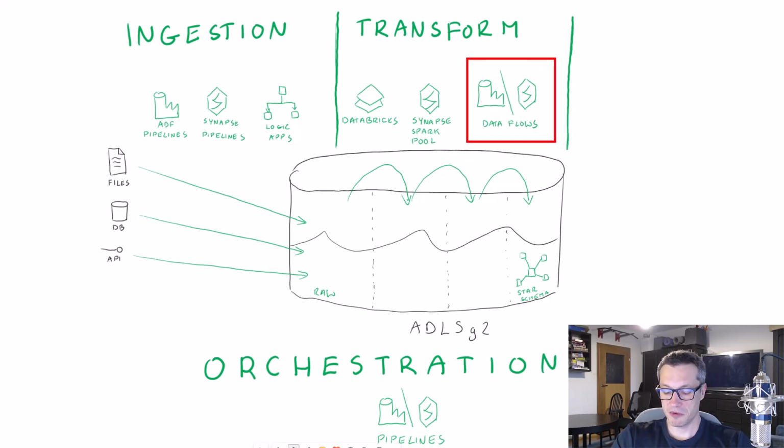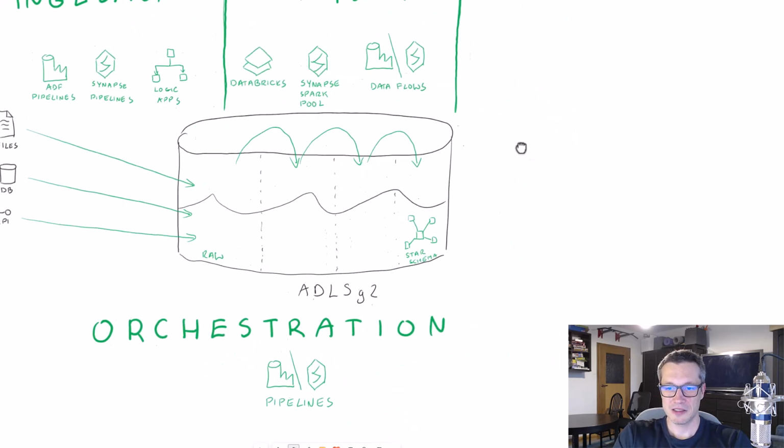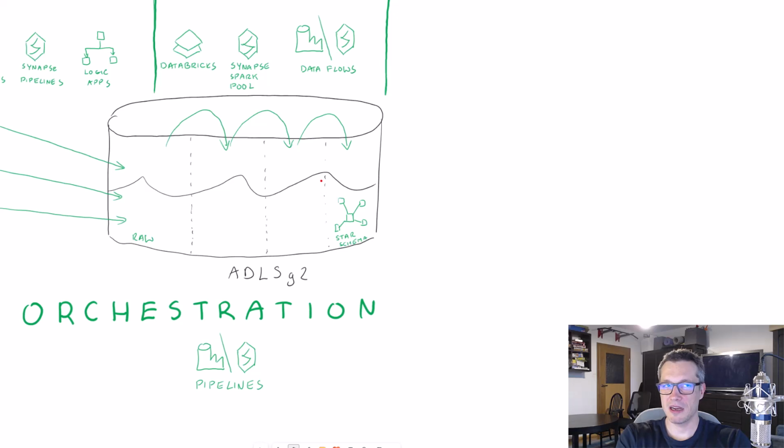Or if we prefer to transform our data visually, we could go with data flows that are available inside both Data Factory pipelines and Synapse pipelines. Great. So finally, once we end that transformation phase, we have our data here inside a data lake.